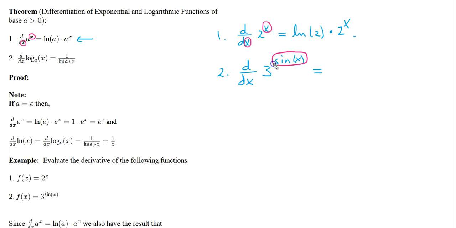We let this be u, and you see now this and this match, so we can use part 1 right here and we get our result.